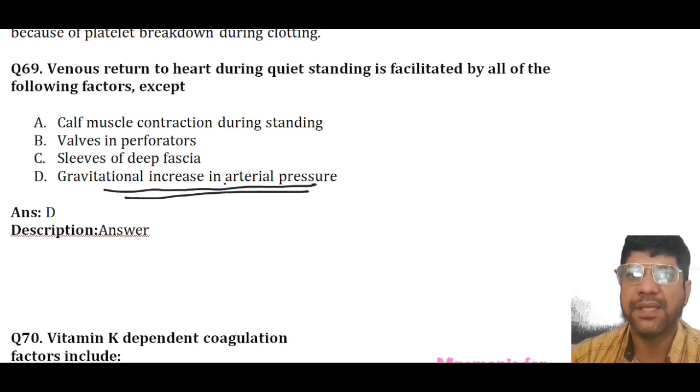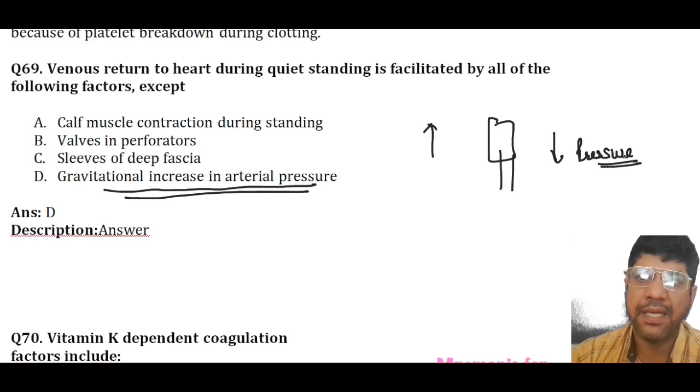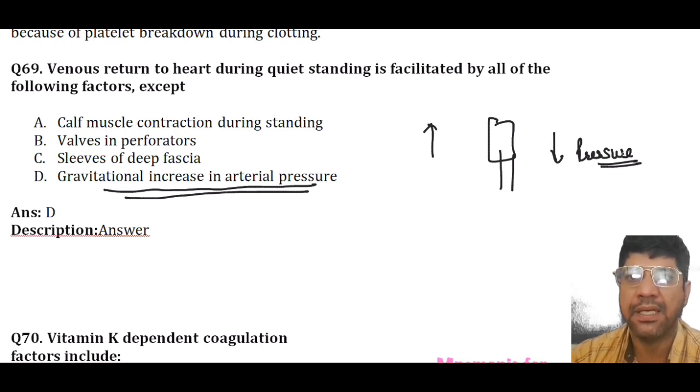So when the person is in the upright, standing position, the gravity can increase the pressure within both the arteries and veins in the lower extremities. So this increased arterial pressure does not directly facilitate the venous return.